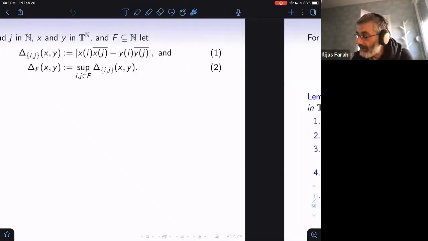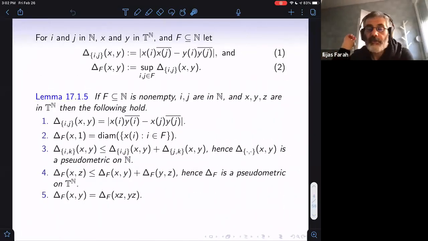And so here is what we proved maybe 2 or 3 weeks ago: if F is a non-empty set, i and j are natural numbers, and x, y, z are sequences in the circle, then we have several equalities. Number one looks very similar to the definition, but it's slightly different.